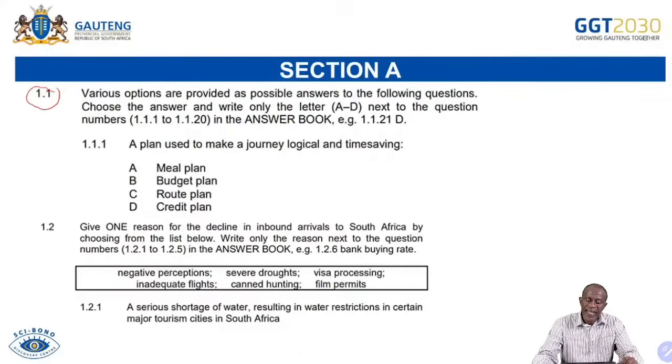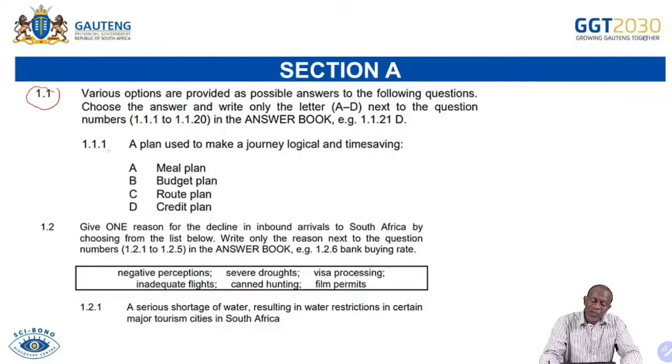Choose the answer and write only the letter A to D next to the question number. That is 1.1.1 up to 1.1.20 in the answer book. So for you to answer question 1, you are going to write 1.1 and say 1.1.1, 1.1.2 up to 1.1.20. And then next to these numbers, you are going to choose the correct letter of the alphabet that represents the correct answer.